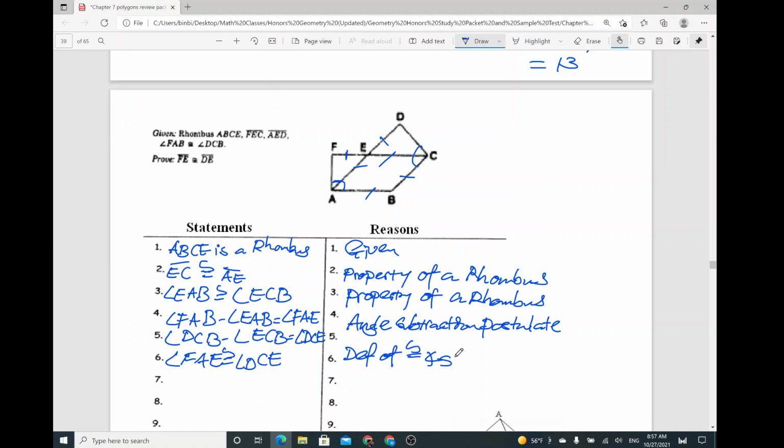And now let's see what else. We're saying that these angles are congruent to each other. So basically what we found here is an angle, and it looks like we need to prove another pair of angles are congruent as well.